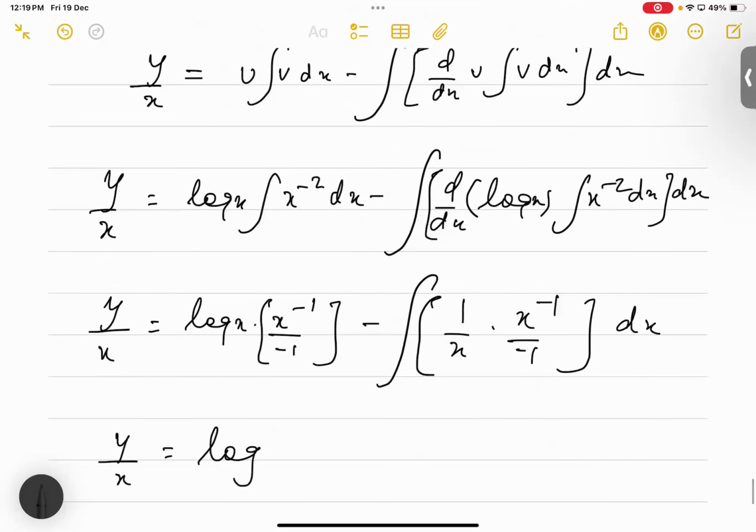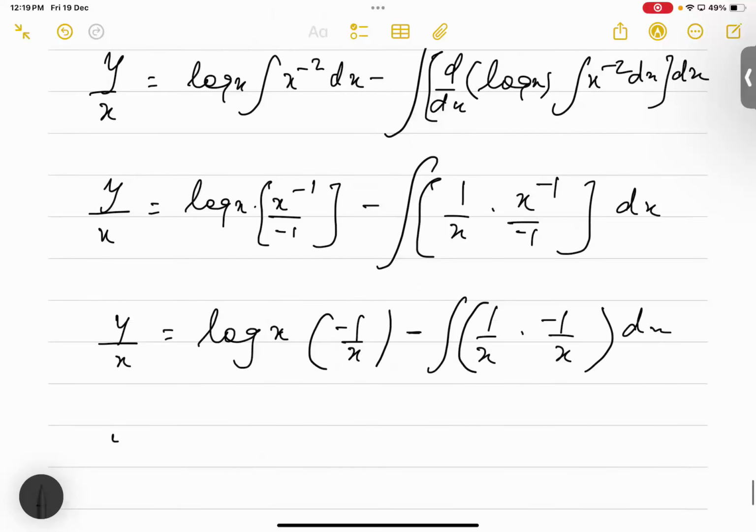What is x raised to -1 upon -1? It is -1 upon x. How? The minus went up, and the 1 below has no value. x raised to -1 is 1 upon x. So this is also -1 upon x. Do you agree with me?